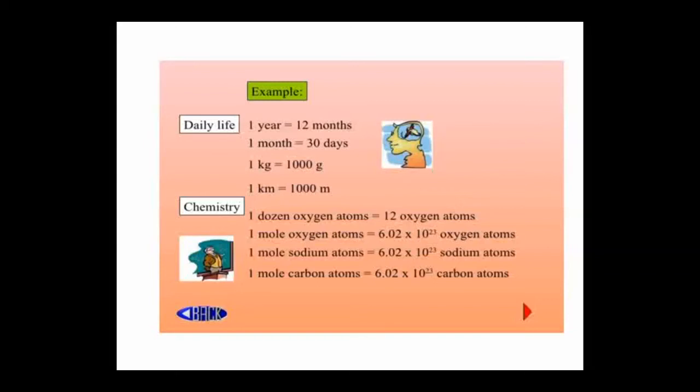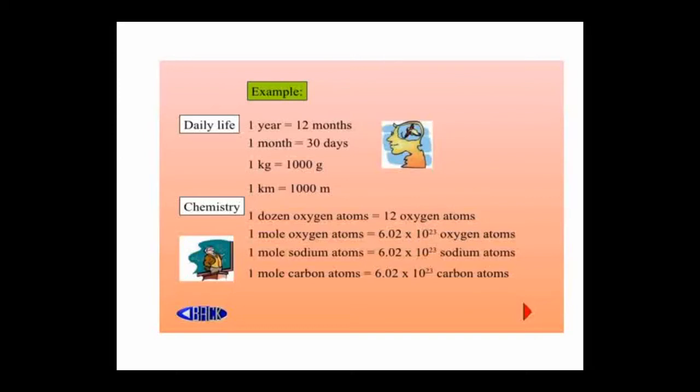1 mole of oxygen atoms means 6.02 × 10^23 oxygen atoms. 1 mole of sodium atoms means 6.02 × 10^23 sodium atoms. 1 mole of carbon atoms equals 6.02 × 10^23 carbon atoms. So we can say that for all atoms, molecules or formula units, 1 mole comes equal to 6.02 × 10^23.